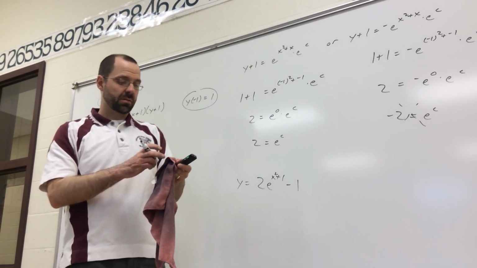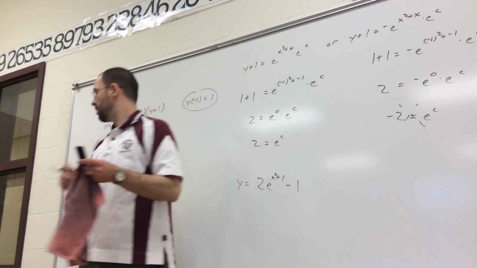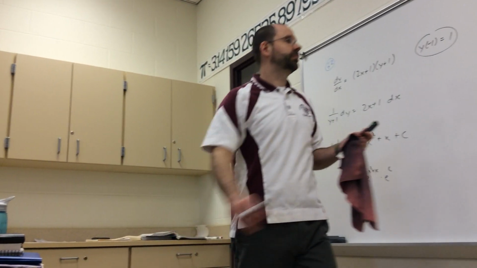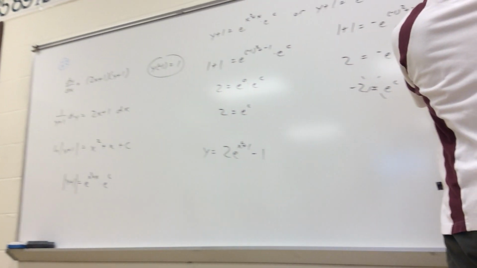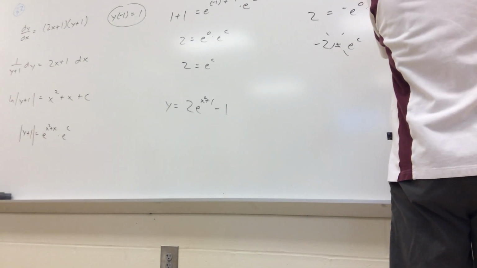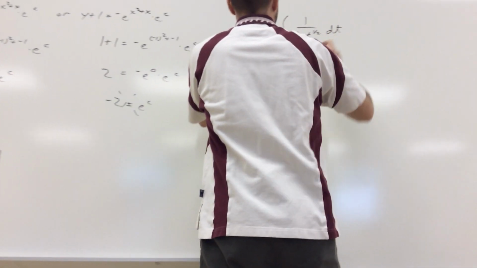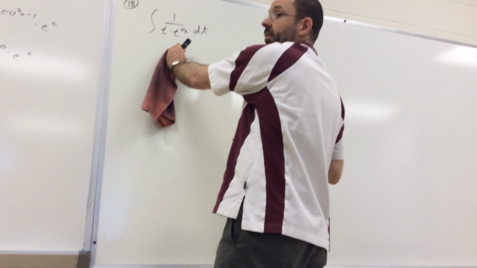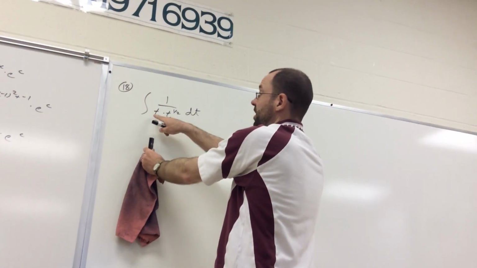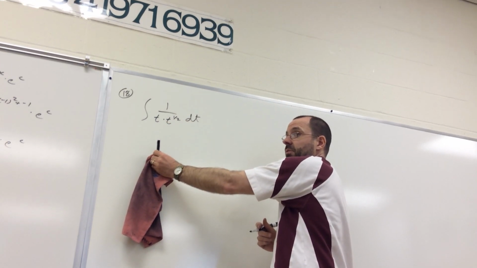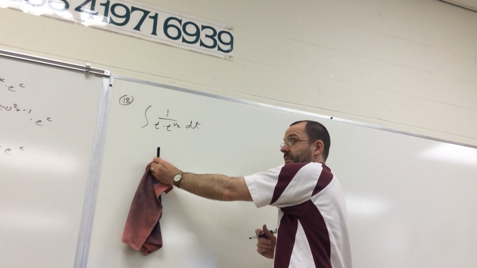Yes? 18. Yeah, this one bugs everybody. You could rewrite it like that, right? This is t to the first power times t to the 1/2 power. So that's t to the 3/2.